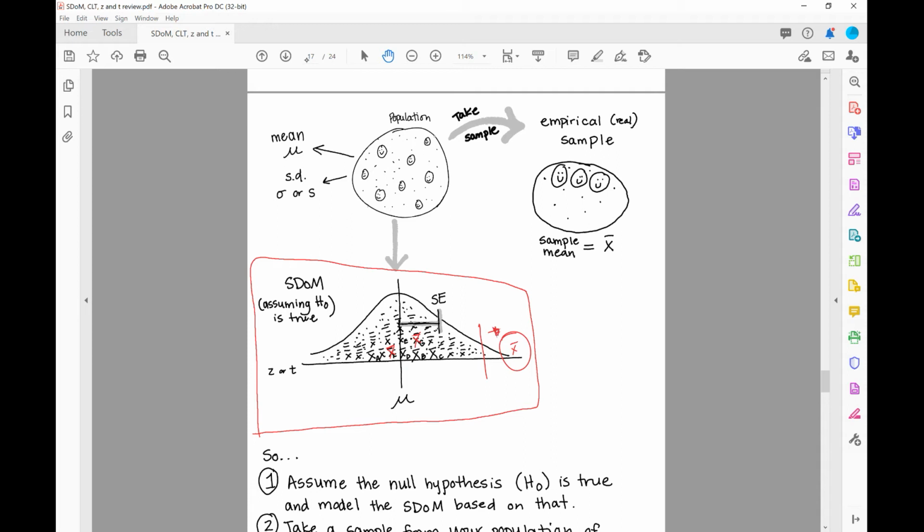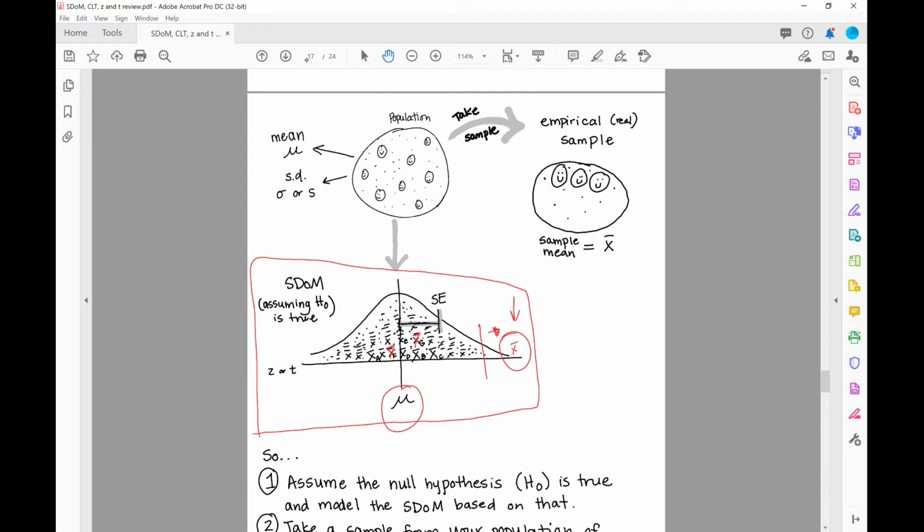So this gives us something to compare to. We're comparing to the thing that we think is not true. And then we want to show, oh, it's really unlikely that this null is really true because we got such a weird result. The chances of that are really small, so we can reject the null.